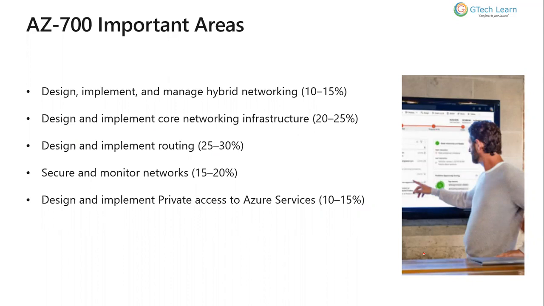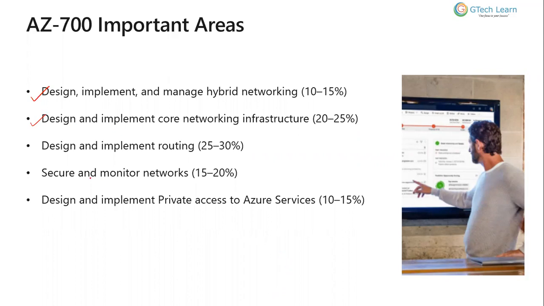The first area is known as design, implement, and manage hybrid networking, and from this area we get 10 to 15% of the question weightage in the examination. Then we have another area, design and implement core networking infrastructure, and from that specific area we get 20 to 25% of the question weightage in the examination.